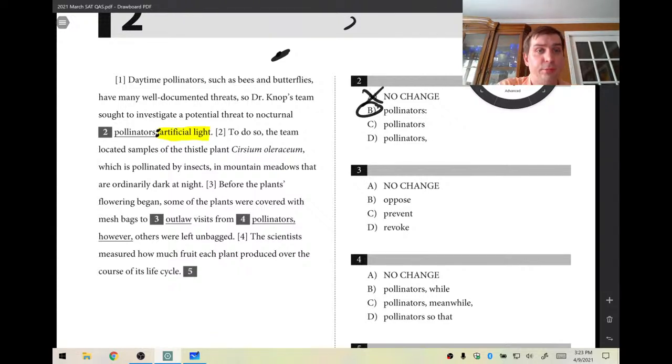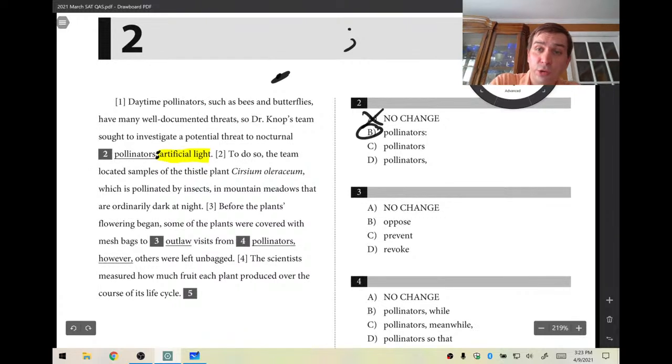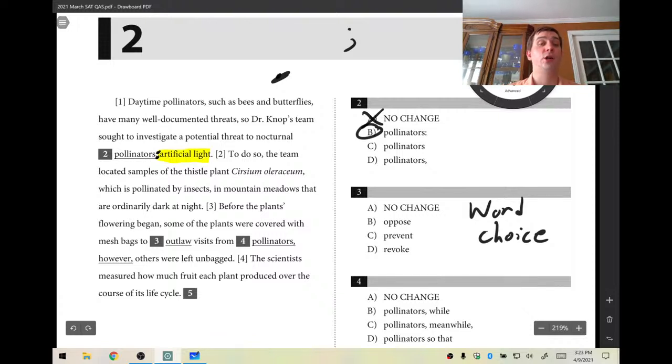I'm going to read the sentence as written. "Before the plant's flowering began, some of the plants were covered with mesh bags to outlaw visits from pollinators." So it looks like they're testing you on word choice. And the College Board, they like to pick answer choices that almost work. It would almost make sense to outlaw visits, but not really. The best answer choice would be "prevent."